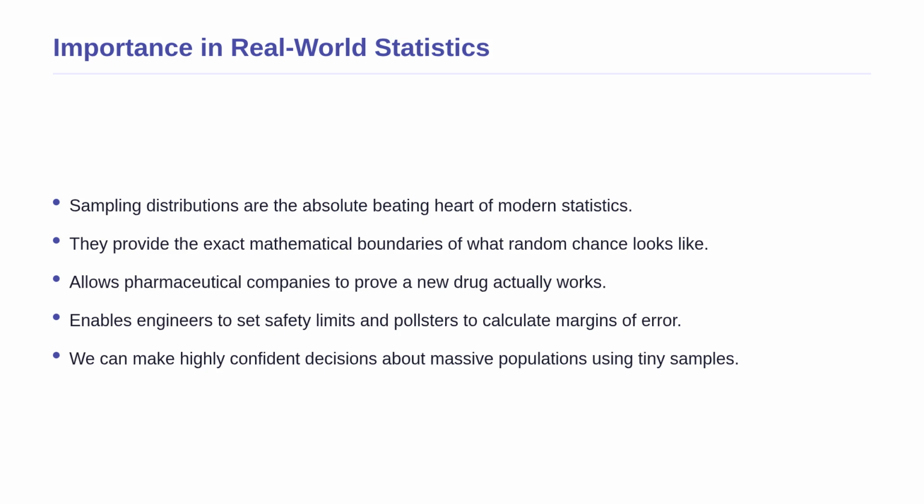When a pharmaceutical company tests a new drug on a sample of patients, they need to know if the positive results were just a lucky batch of healthy patients or proof that the drug actually works. The sampling distribution provides the exact mathematical boundaries of what lucky looks like. It allows scientists to declare that a discovery is statistically significant using only a tiny fraction of the data.